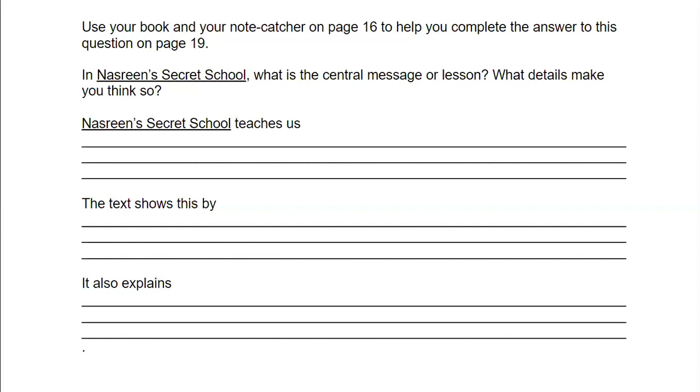That you can always be happy in every situation. Can you repeat that a little louder? That we can always be happy in every situation. What details from the text make you think that? And refer back to your note catcher on page 16.